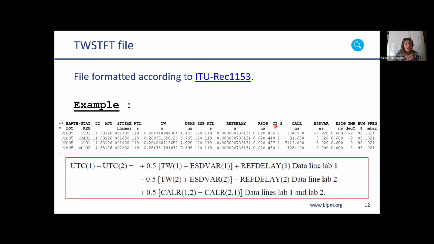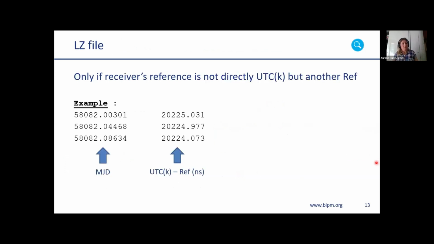Regarding the two-way file, here is the format. It has been defined in the ITU recommendation, and it does not present a regular issue from our point of view. In the case your receiver reference is not directly UTC-K, but another reference, you need to provide an additional file that is called LZ.